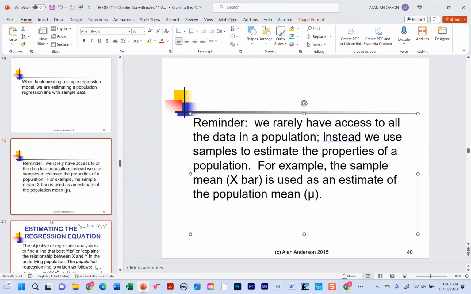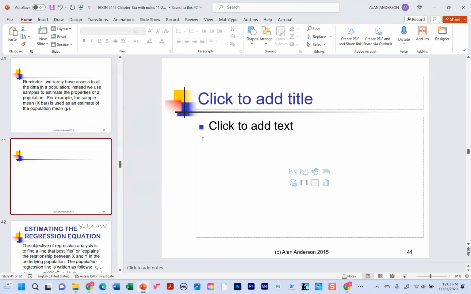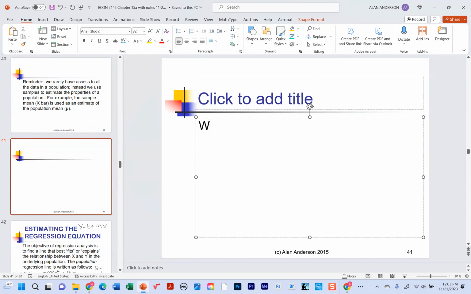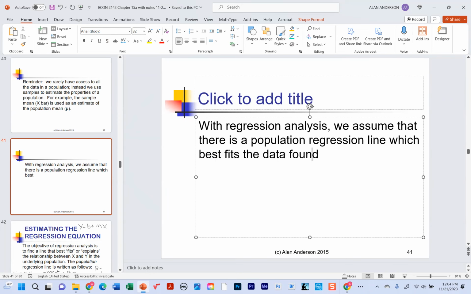With regression analysis, we assume that there is a population regression line which best fits the data found in the entire population.